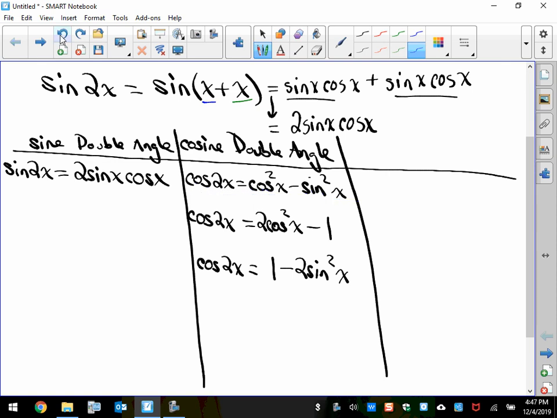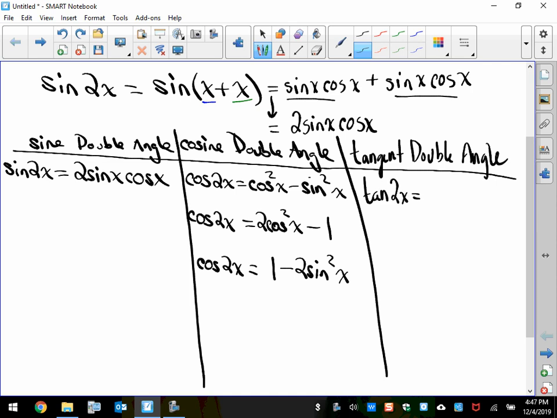Okay. And then the last one, this one's less common, the tangent double angle. I don't have this one memorized. I really don't. You can commit it to memory if you like. I really don't think it's going to be that helpful.